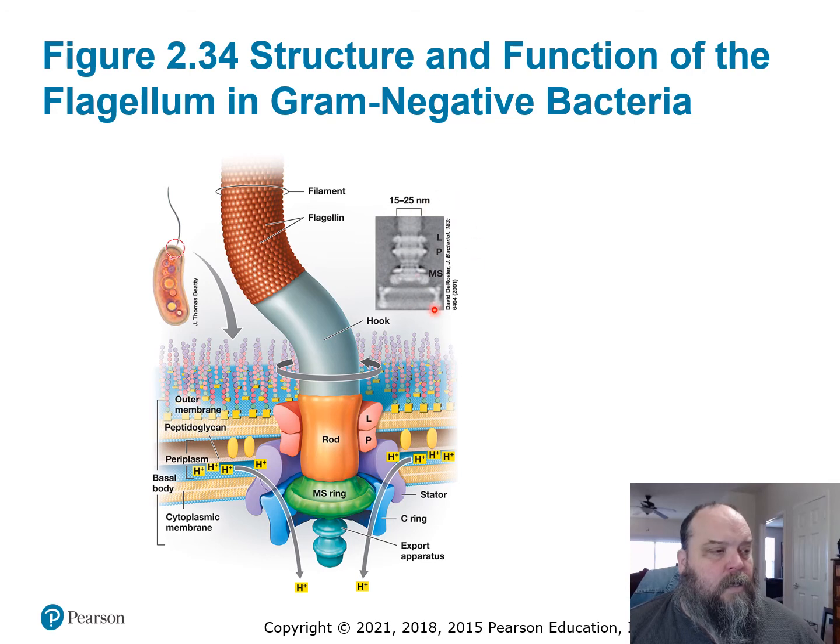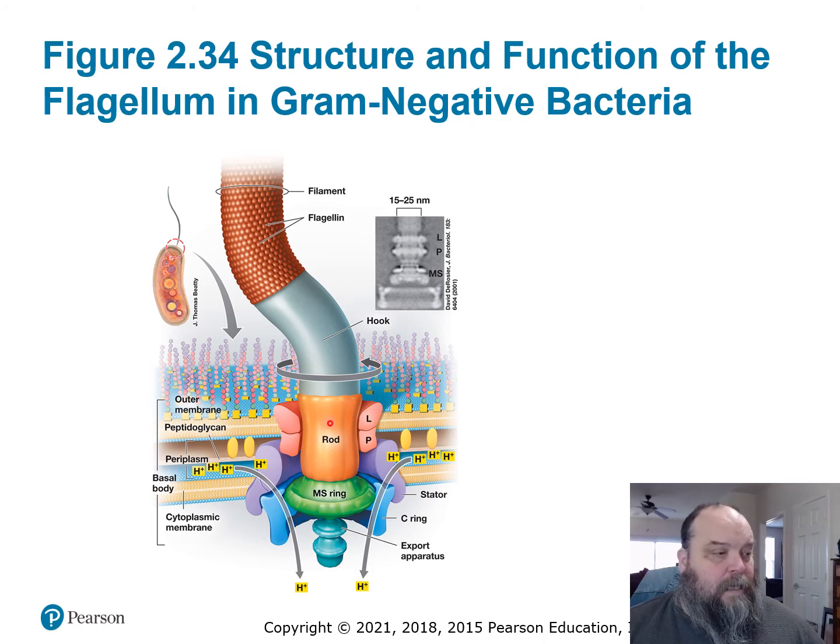And here is a high magnification electron microscope picture. This is what we see when we look at a bacterial cell that has flagella. Here's the artist's rendition of what we're looking at. You have the filament, the hook, and then it goes to the rod that passes through what they call the basal body.